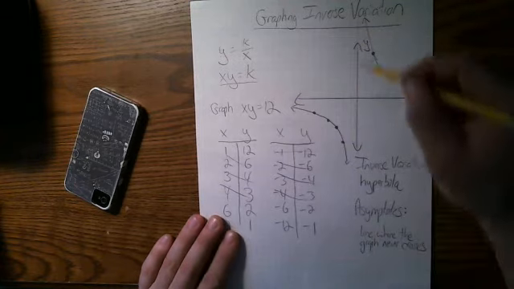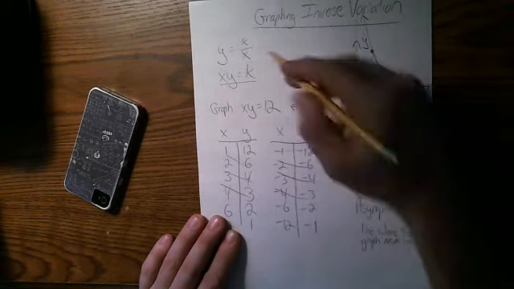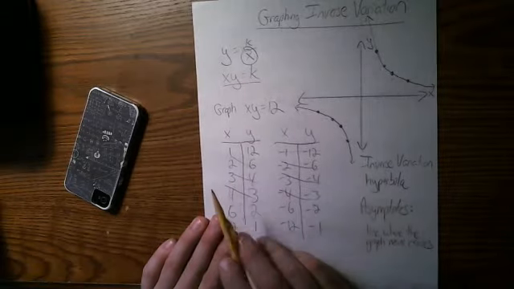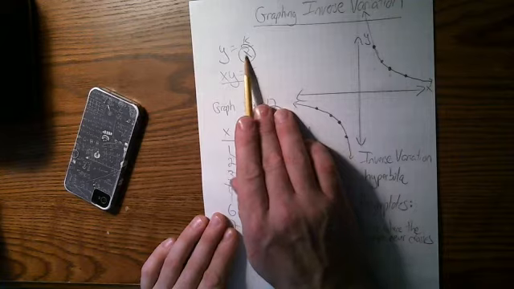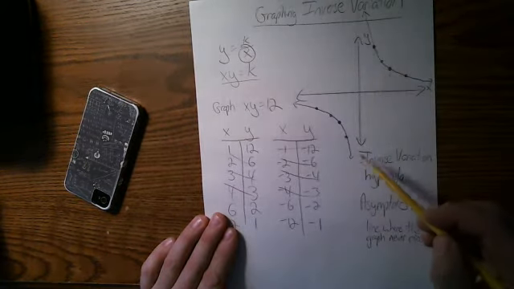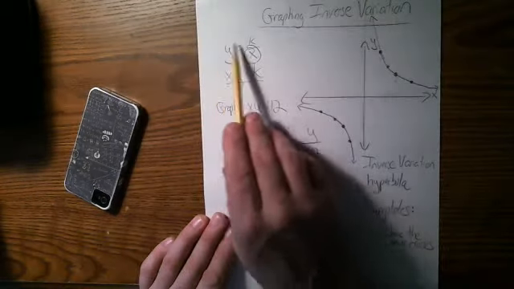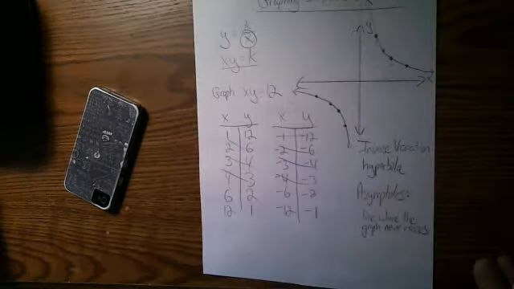And the reason it will never cross x equals 0 and why it will never reach y equals 0 is because there is a 0 in the denominator, therefore 0 is not in the domain and hence not in the range. So you never get 0 as an output value and you never use 0 as an input value.